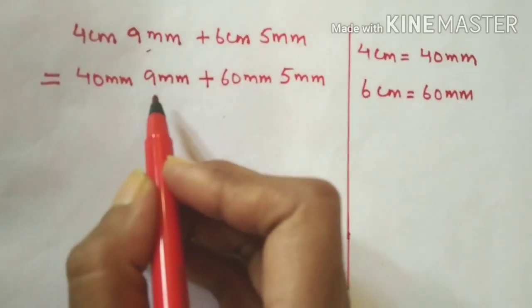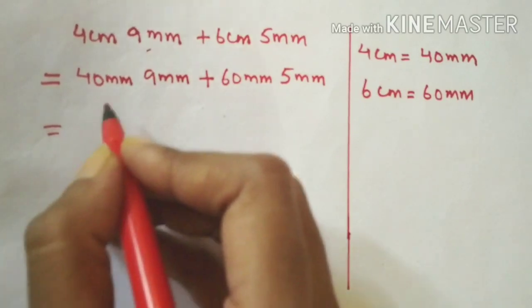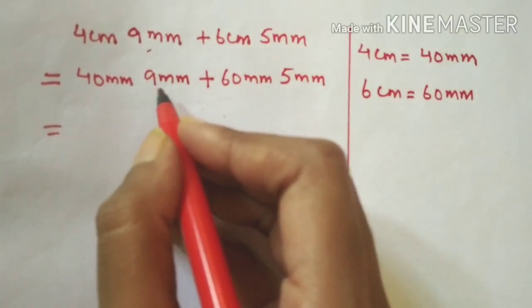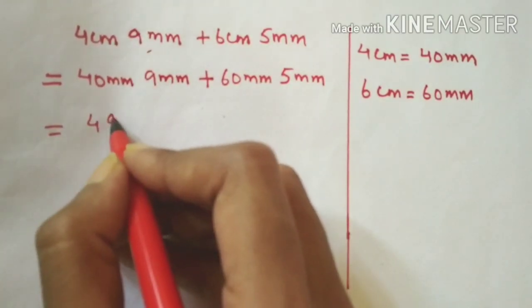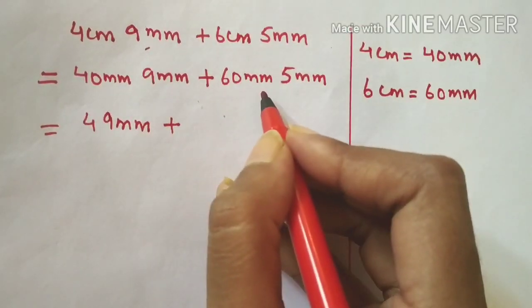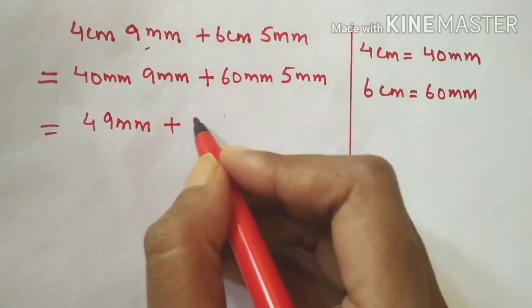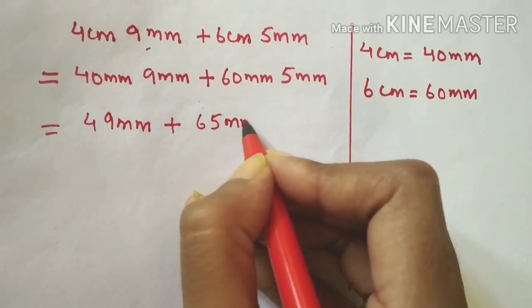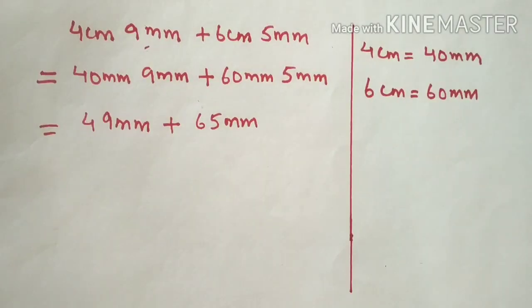Now since the units are same, in place of 40 millimeters, 9 millimeters, we can write 49 millimeters, and 60 millimeters, 5 millimeters can be written as 65 millimeters.